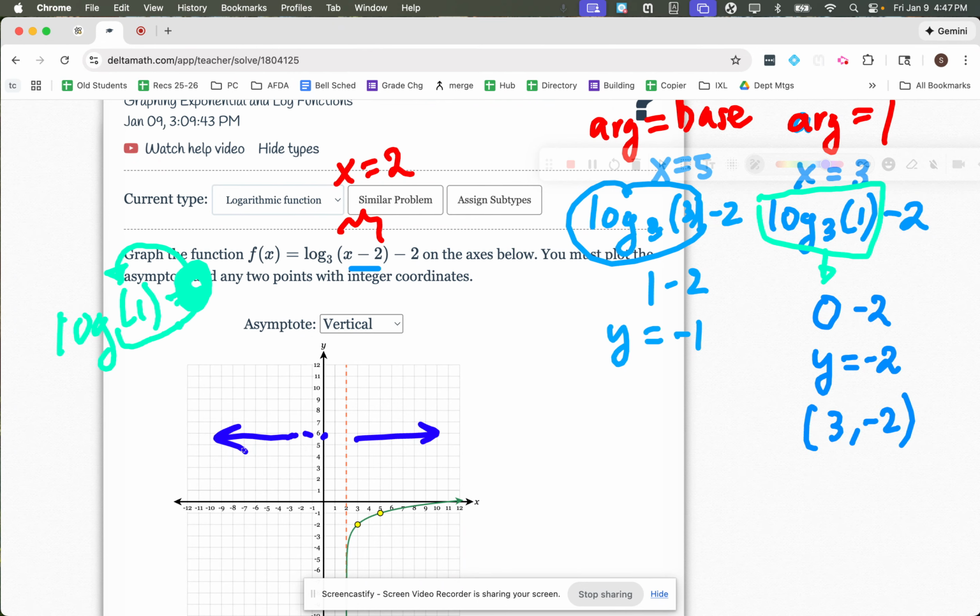But here, it's really because there's nothing that makes this x negative. You will see in a future example, the argument may say negative x plus 1, in which case there is a horizontal reflection that moves the graph of the log from here to here, okay? But we don't have that. So this is pointing in the right direction.